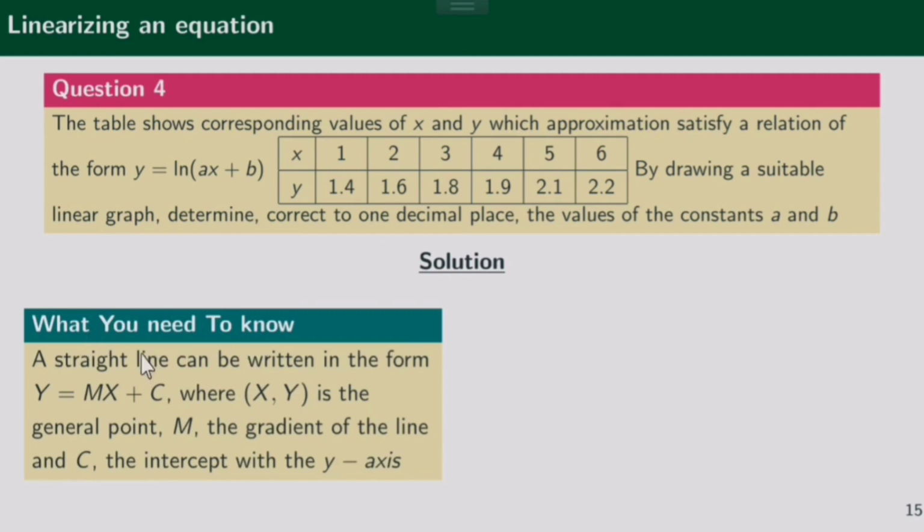What do you need to know? A straight line can be written in the form y is equal to mx plus c, where x and y are the general points on the line, m is the gradient of the line, and c is the intercept of the line with the y-axis. So all straight lines can be written in this form with 3 terms.